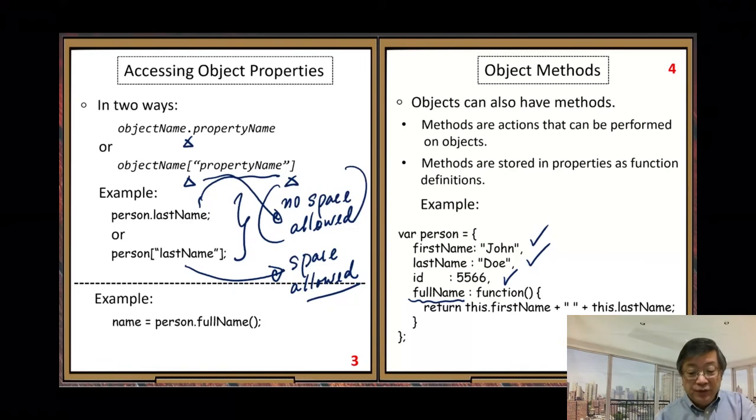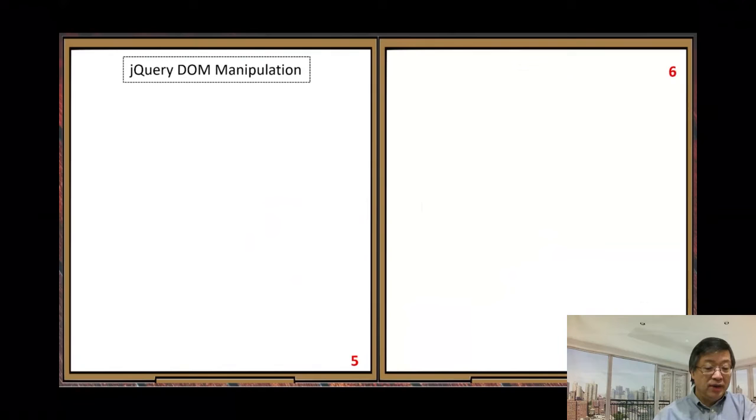All right, let's move to the next topic, jQuery DOM manipulation. Although we will discuss the DOM model a little more later, here you just need to understand we will use jQuery to modify parts of the elements. The DOM represents the whole tree structure of all the elements in your document.